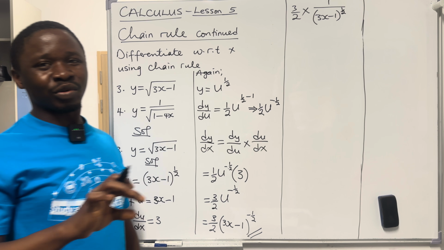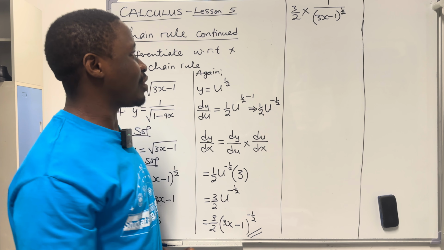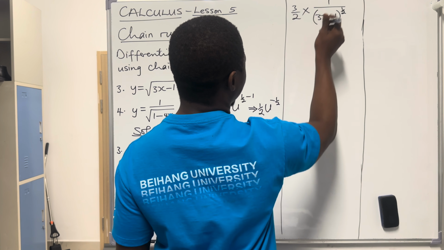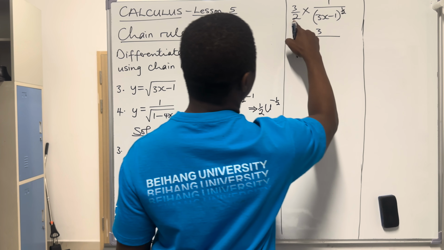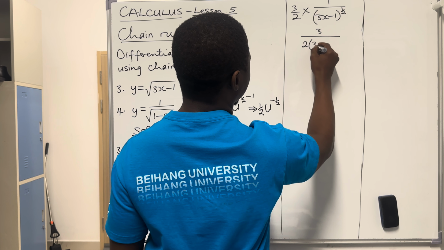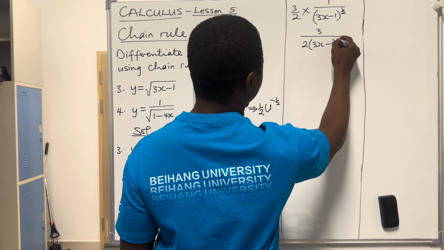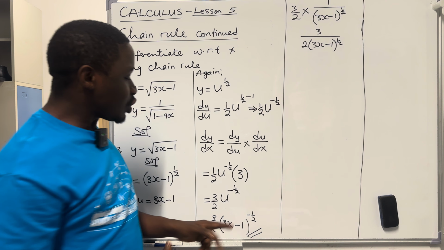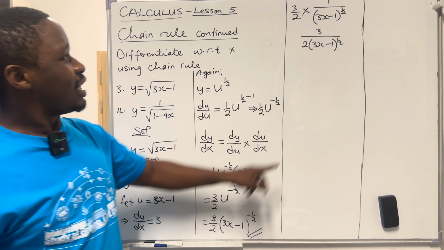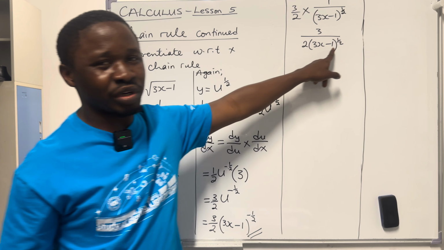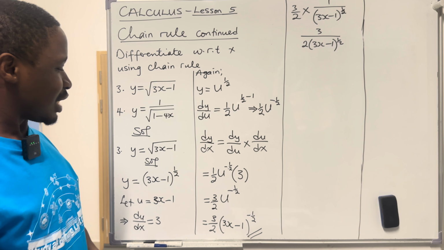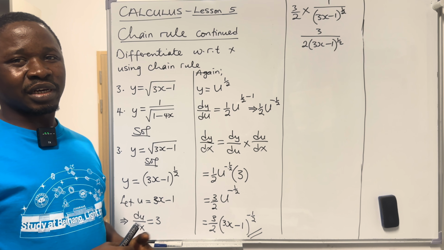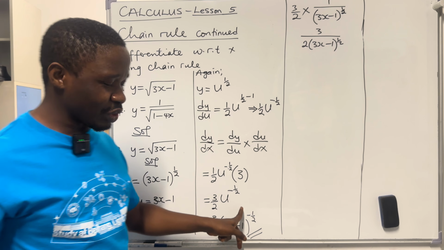No longer minus, because we've brought it down. So 3 times 1 is 3. This is 2. 3x minus 1 to the half. This one is correct. This one is correct. But if the question says leaving positive powers of x, this one is not correct.